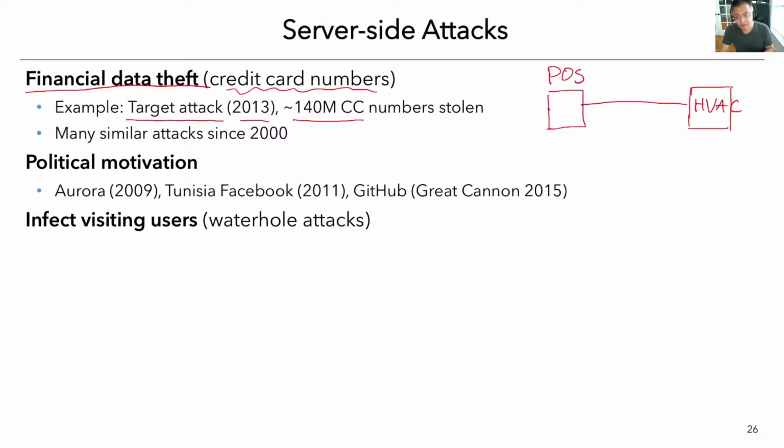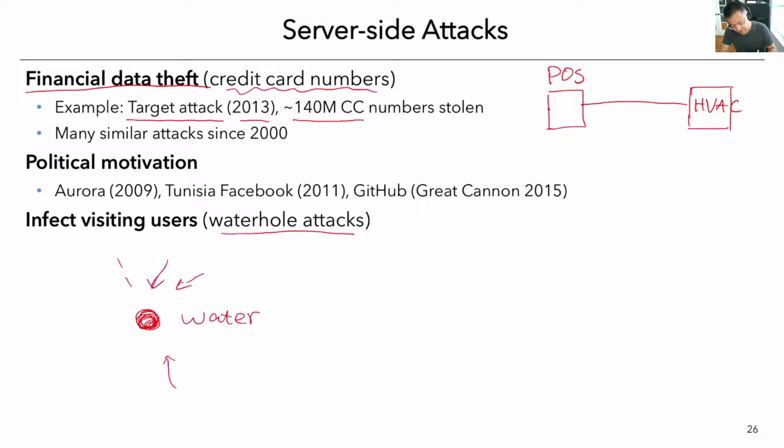Okay, it can also be politically motivated, or by infecting the visiting user, something we call the waterhole attack. So for the waterhole attack, everybody knows what a waterhole is, right? In Africa, there are only very few places that have small holes of water. So all the animals will come here to get water.